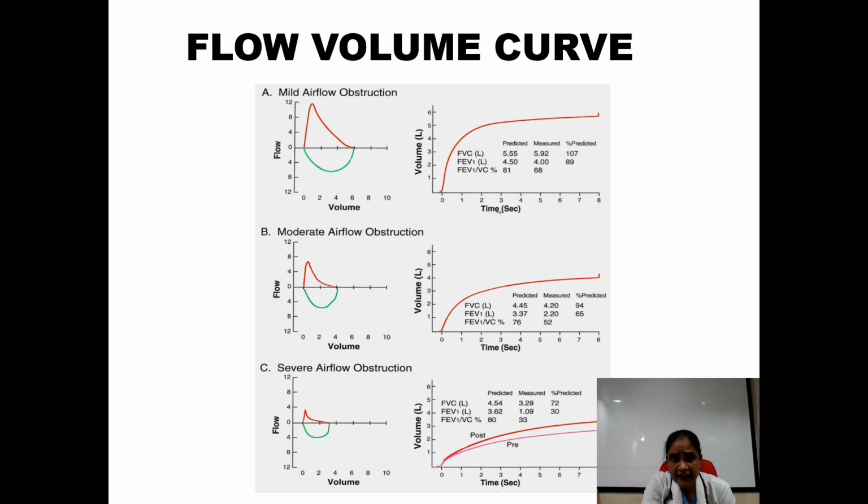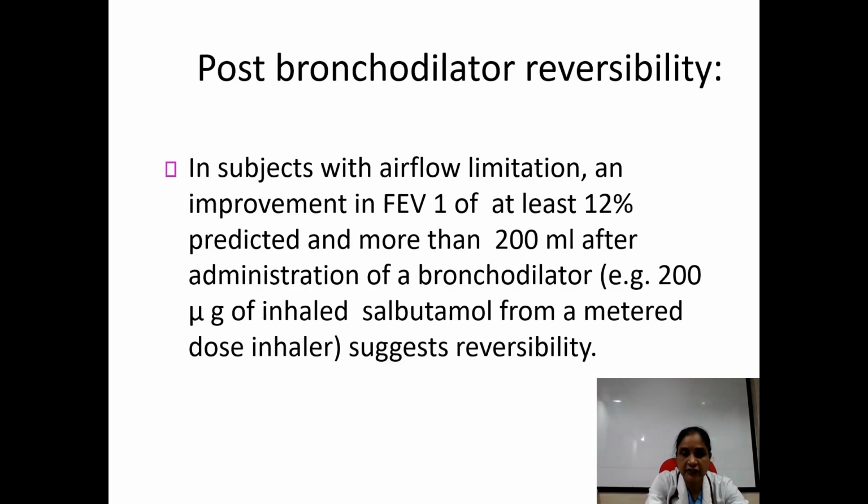The PFT itself needs a separate presentation and we might take it later on. For now, just remember that spirometry is important, and when you are suspecting asthma, you should also do post-bronchodilator reversibility. What do you mean by that? In subjects where you have found that airflow limitation is present, you should offer them a bronchodilator after doing the initial flow volume loop, and you should repeat the spirometry after 20 minutes.